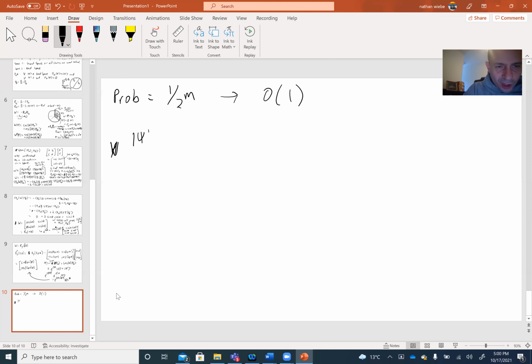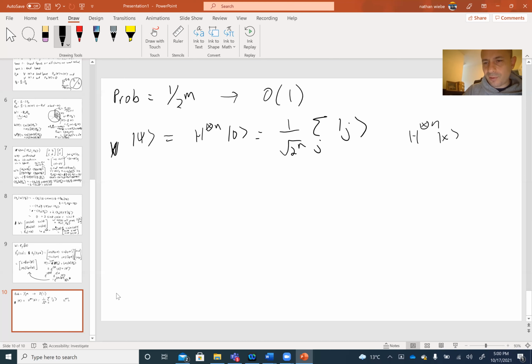So we'll take our initial state psi for this problem to be Hadamard tensor n acting on 0, which of course is 1 over root 2 to the n, sum over j, using the handy-dandy identity that Hadamard tensor n acting on x is equal to 1 over root 2 to the n, sum over j, negative 1 to the x dot j, which we used extensively for the last lecture on the Bernstein-Vazirani algorithm.